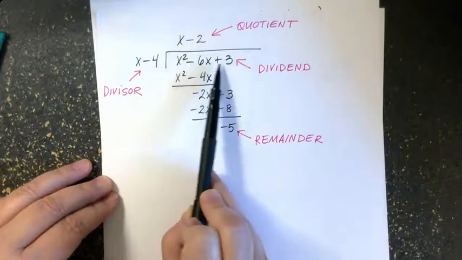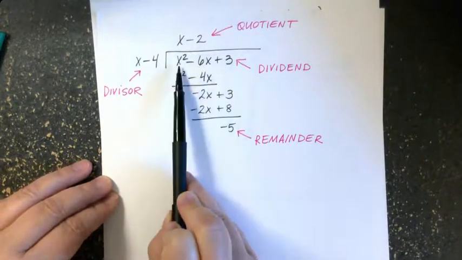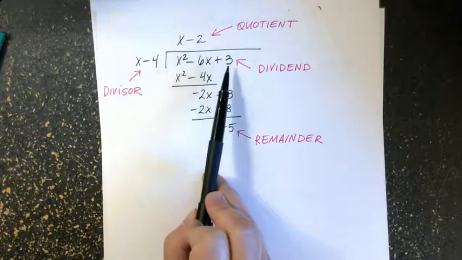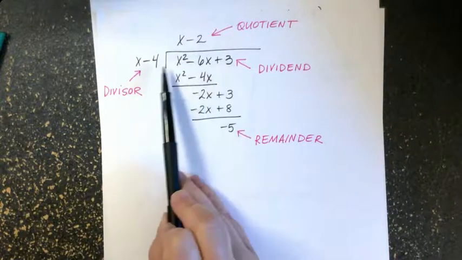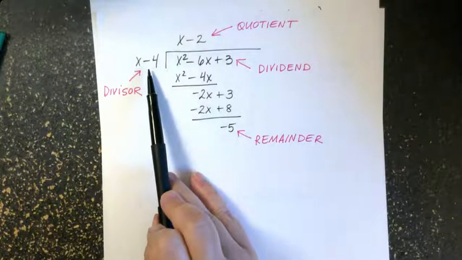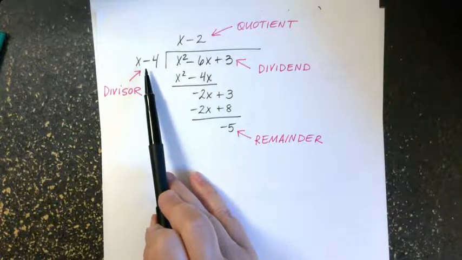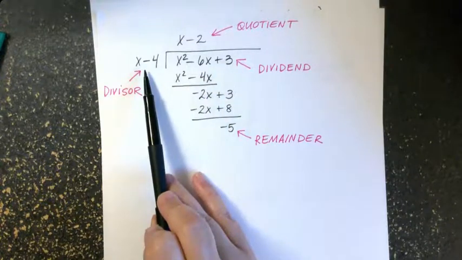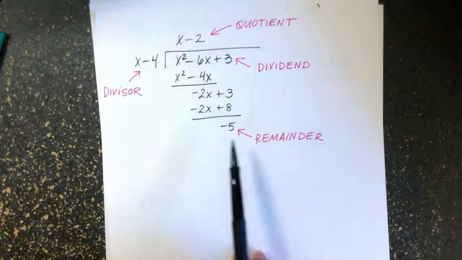The original big polynomial that you're dividing something else into, or taking something else out of, either way you want to look at it, that's your dividend. The divisor is the thing you're saying, I'm going to divide by this. I divide by the divisor. So the dividend gets divided by the divisor, and your answer is the quotient and possibly a remainder.